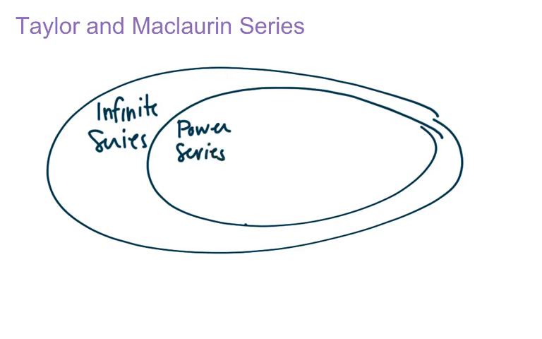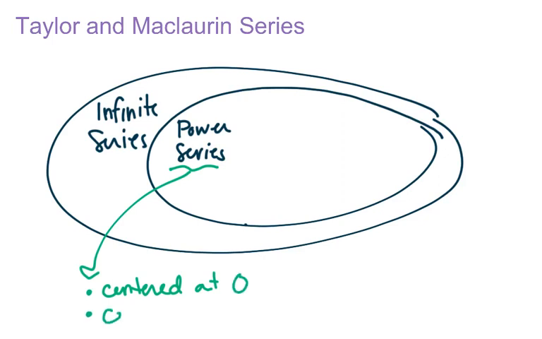A power series is a specific type of infinite series. Considering our power series, we had two basic forms: one centered at 0, and another that was shifted and centered at some a value.